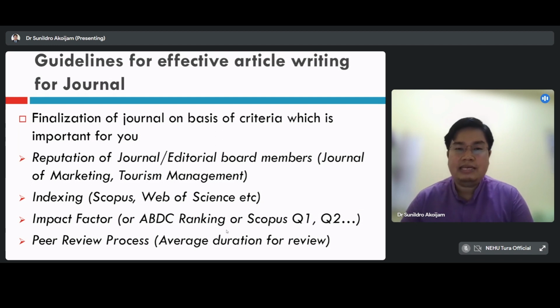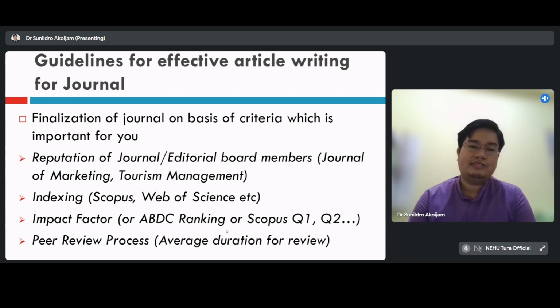So when you see all those peer review details and the average time taken to publish the article, you can decide, okay, I can wait for 1 year, 2 years, or maybe you don't have that much time to wait, then you can search for other alternatives. So the peer review process is another important criterion that you can consider.